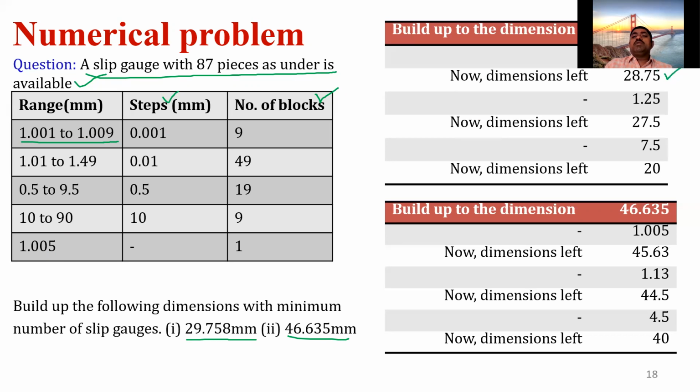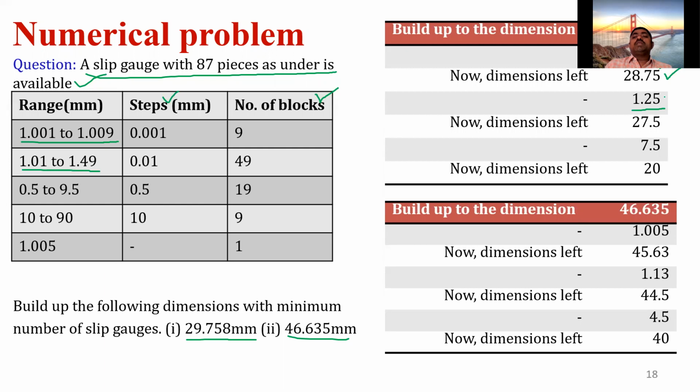Then we select for the last digit again. This 5, that is 0.05, is not available, but 1.25 is available in the range 1.01 to 1.49. Even 1.35 and 1.45 are also available, but 1.75 is not available.